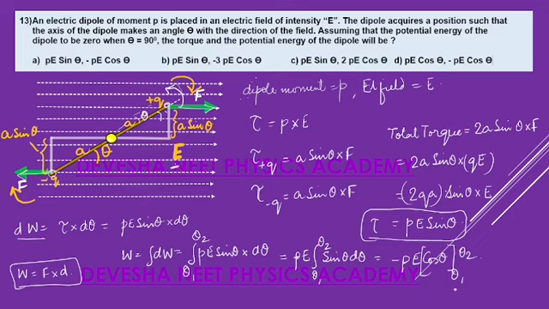Initially the potential energy of this dipole was 0. If you look at the question, the last line which is mentioned here says that initially the potential energy of the dipole was 0.